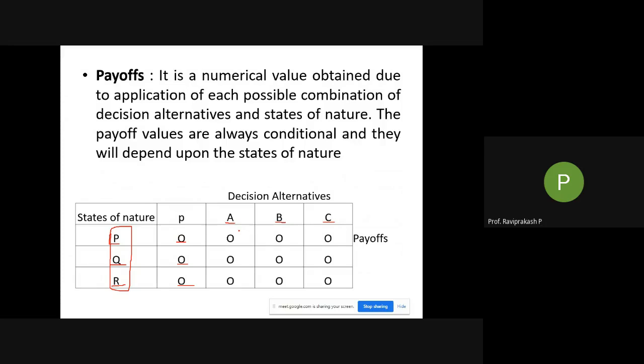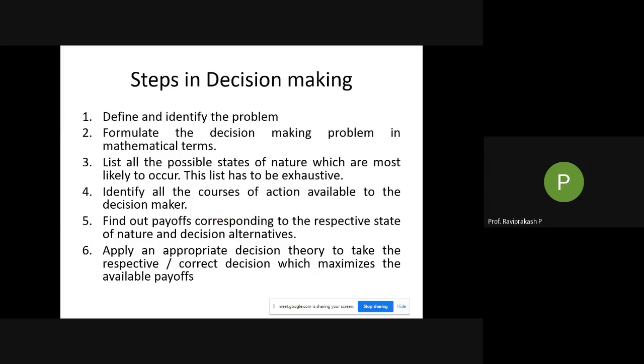One more alternative is calling your friend and asking him or her to pick you and drop you today, because your vehicle is being used by some other member of the family. So these are the courses of action available to the decision maker.